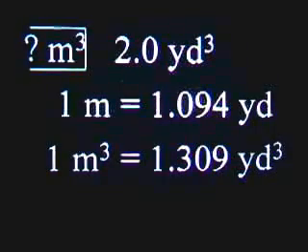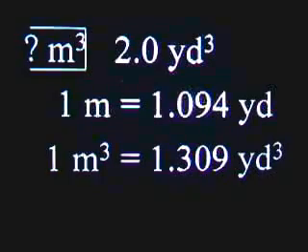But if you recall, what we are solving is a volume problem. We're trying to convert yards cubed into meters cubed. So if you would like a volume equality, all you have to do is take the length equality and cube both sides. If you cube 1 meter, 1 cubed is just 1.